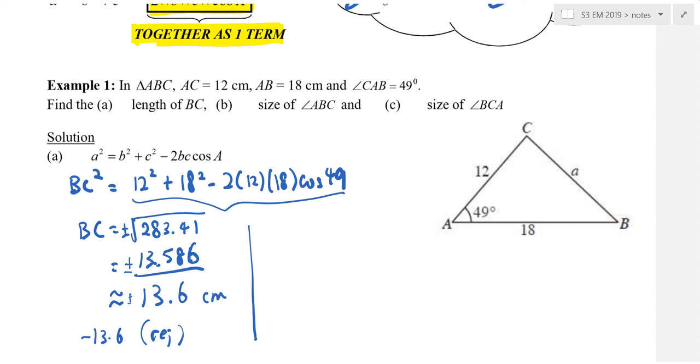So it's not 283. What happened? You're not even using a calculator. It's wrong. This number is wrong. Can I use the red pen to cancel it?